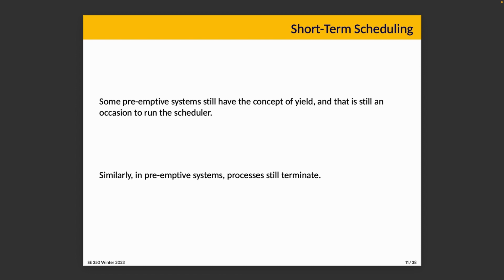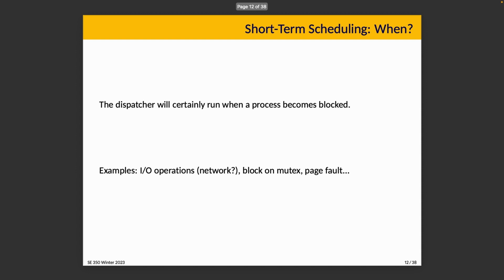So some of the things still carry over. I mentioned yield, and in a preemptive system, processes still terminate, and they still get blocked, and all of those are still occasions to run the short-term scheduler. There's lots of things that can cause our thread to get blocked. It's not a mystery to us at this point because we've covered that in extensive detail at this stage.